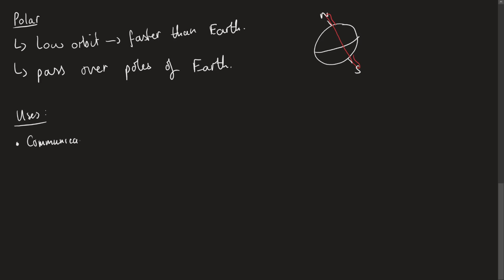It would be more the similar type of communication that geosynchronous orbits have, where they can communicate with other sides of the Earth, especially in this case because it's traveling faster than the orbit of Earth around its own axis. It will then be able to go and send signals to other positions much quicker.